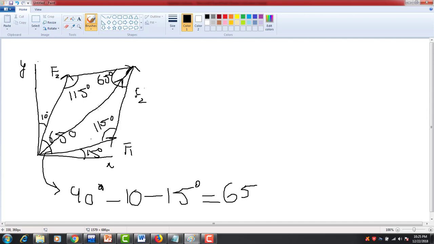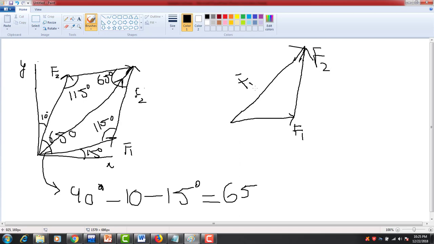Now we draw the triangle separately. This is F1, F2, and this is FR. This was the resultant. This angle is 115.